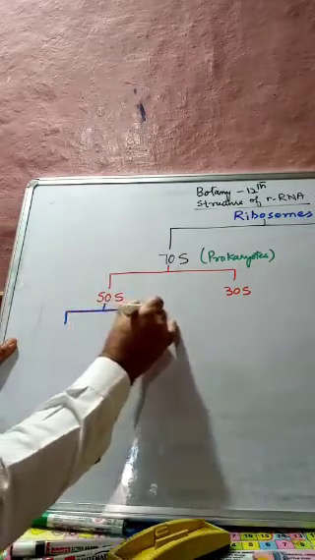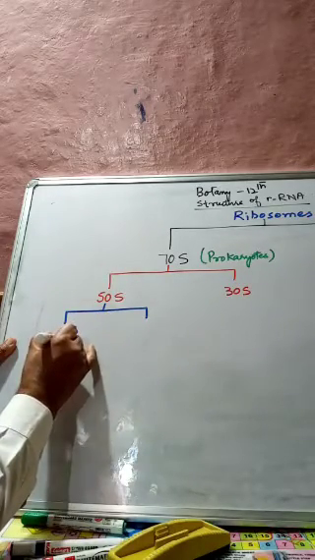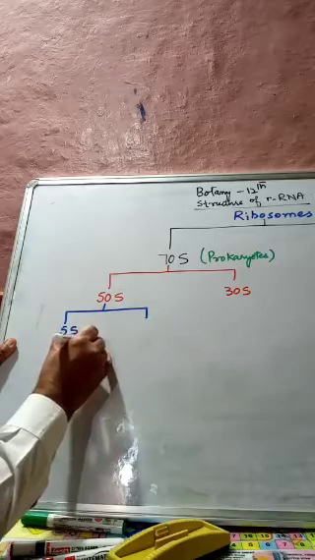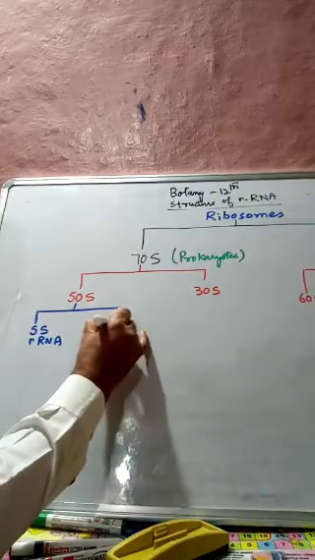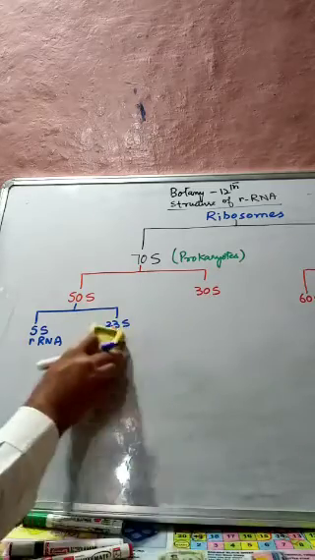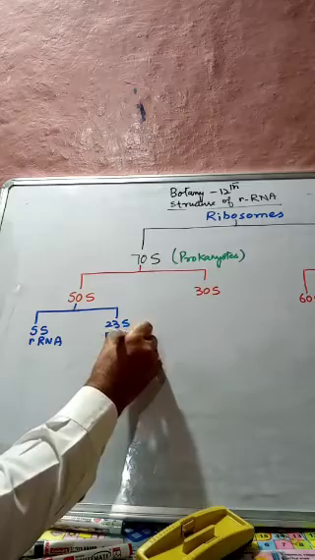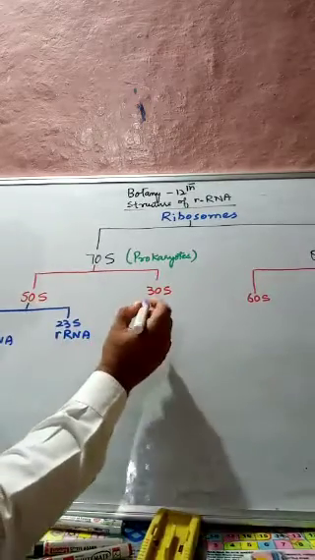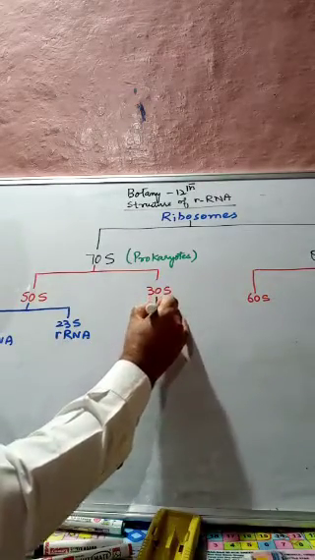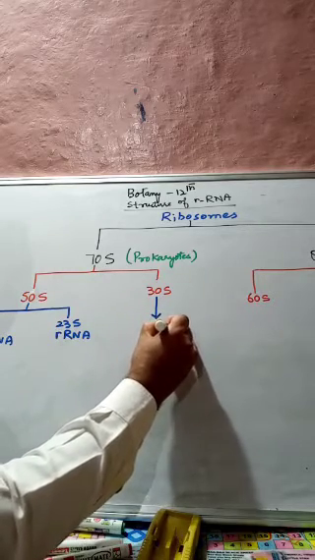The first one is called 5S rRNA, and the second one is 23S rRNA. And the 30S subunit is made up of 16S rRNA.